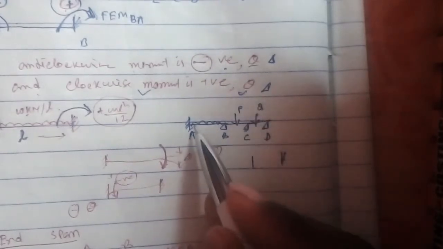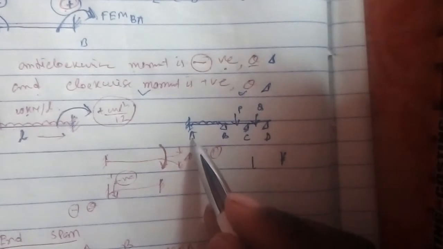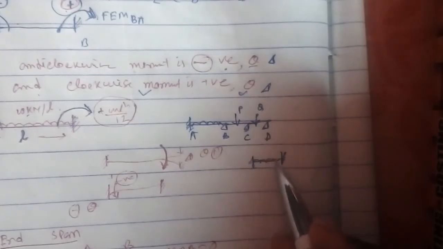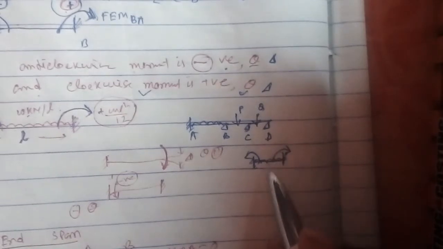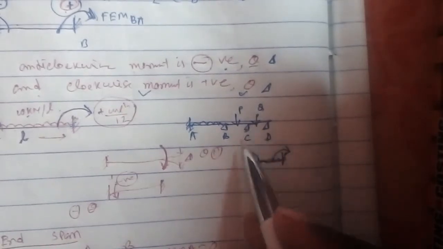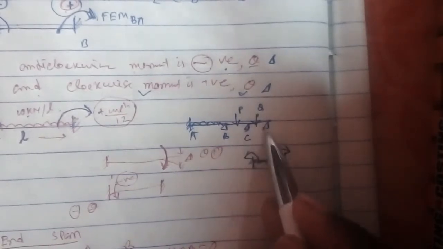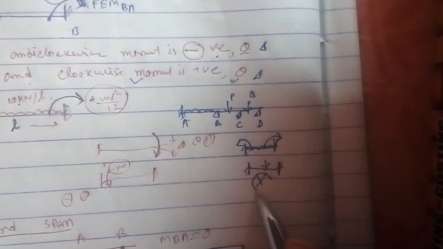In the case of span AB, we fix these two ends and calculate the fixed end moment. In the case of the end span, CD, we also fix these two ends and find the fixed end moment, but that is not correct.